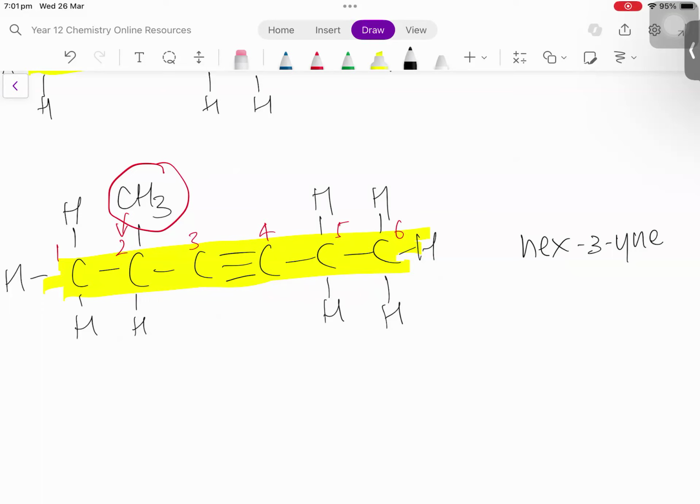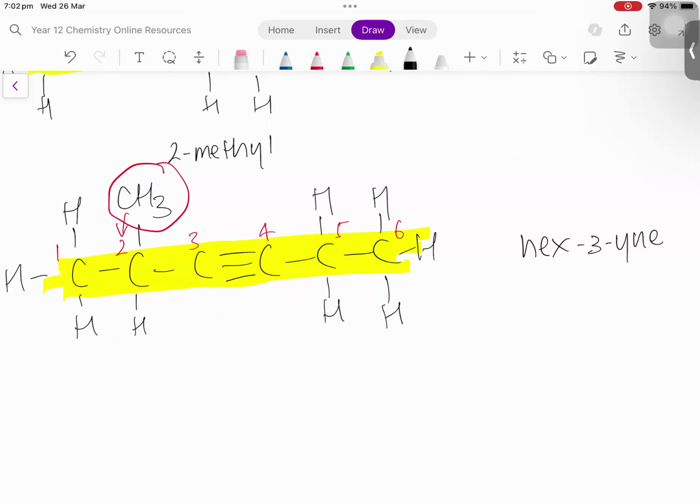And then I can now name my branch. Guys, how many carbons have I circled in my red bubble? 1. What's the prefix for 1? Okay, that's all good. Meth. What's the suffix anytime for a branch? Yl. Okay. What carbon did you say the methyl is bonded to along the main chain? Carbon 2.